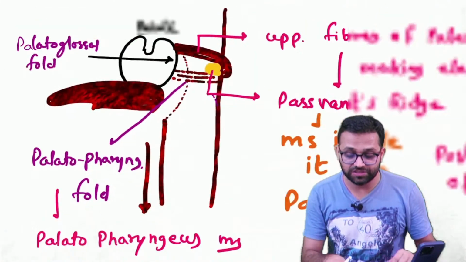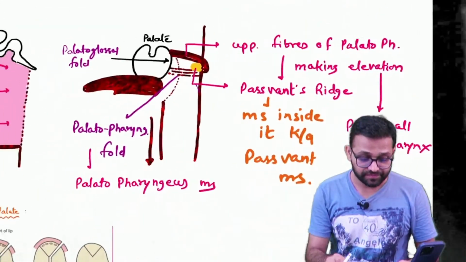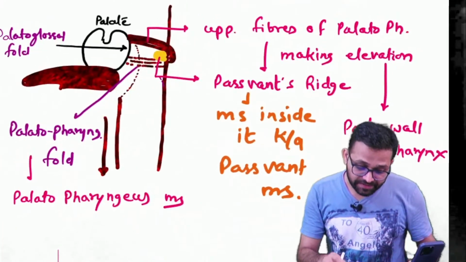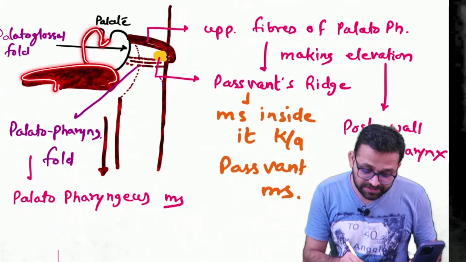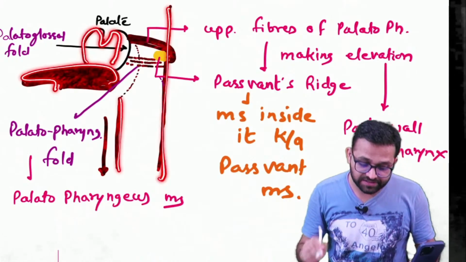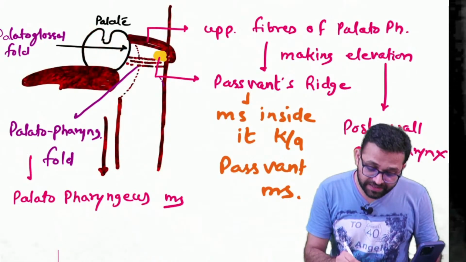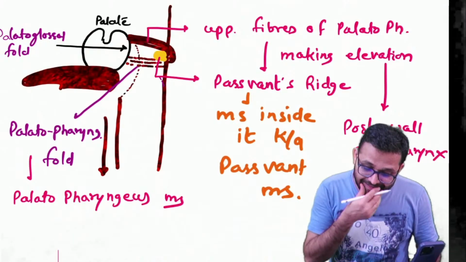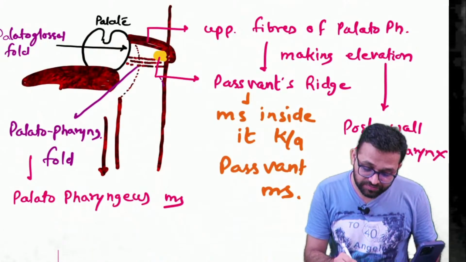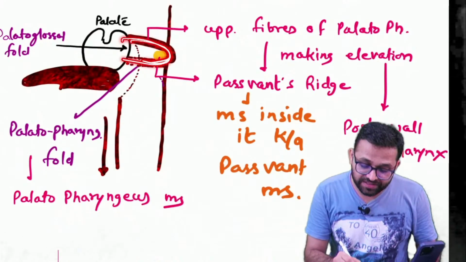Again, try to understand this one. Passavant's ridge. Look here: this is our tongue, this is our palate, this is the pharynx. The palate has one muscle going to the pharynx, the palatopharyngeus muscle.